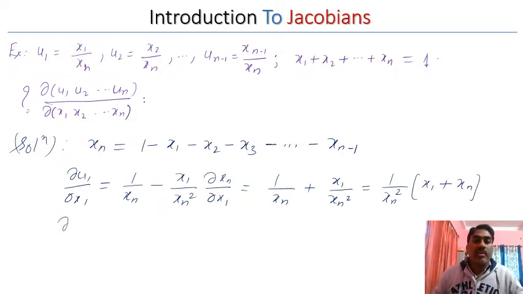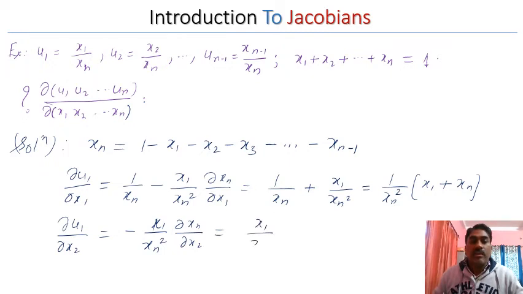Similarly, when you calculate del u1 by del x2, x1 will remain constant and only xn will be differentiated. So this will become minus x1 by xn square times del xn by del x2, that means x1 by xn square.